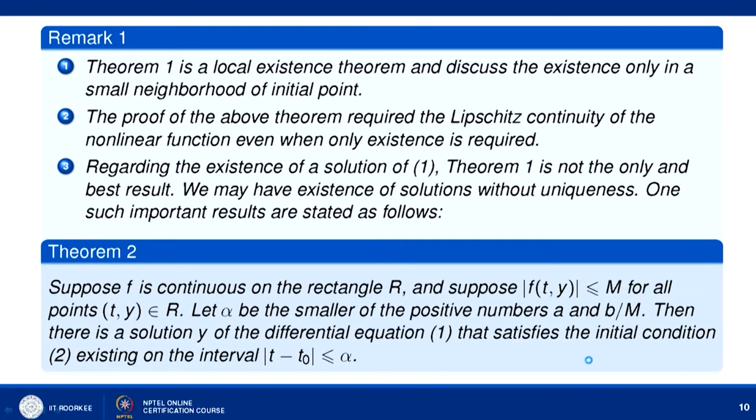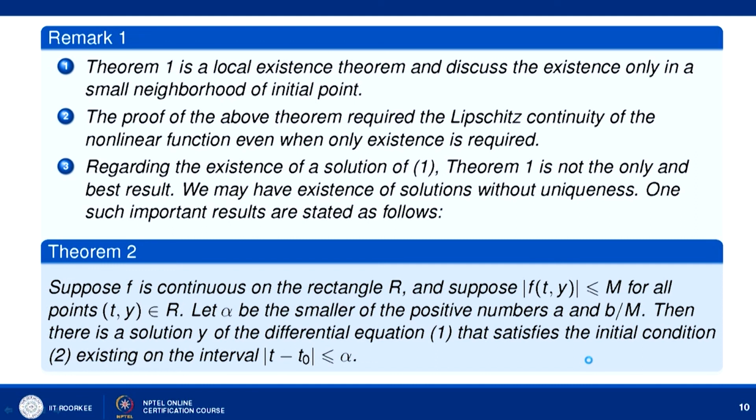The proof of this theorem required the Lipschitz continuity of the nonlinear function even when we need only existence, because we have shown that Lipschitz continuity is required when we need a unique solution. So regarding the existence of a solution, theorem 1 is not the only and best result.